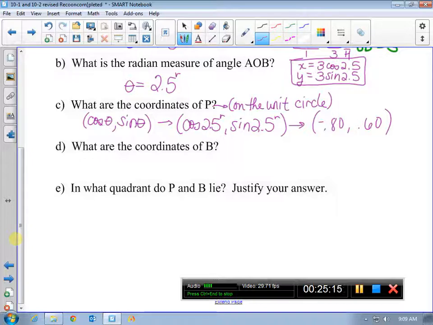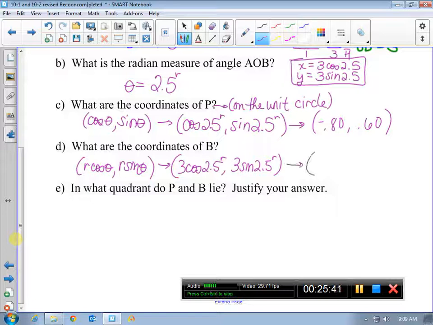So the coordinates of B are going to be r times the cosine of theta and r times the sine of theta, the radius or the hypotenuse. So 3 cos of 2.5 radians and 3 sine of 2.5 radians. Go ahead and get an approximation to the hundredths for those. And we're almost done.